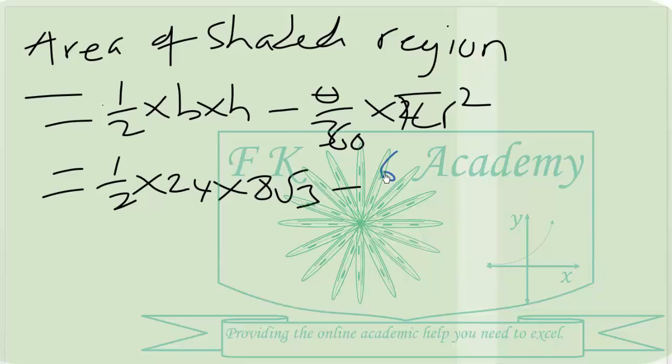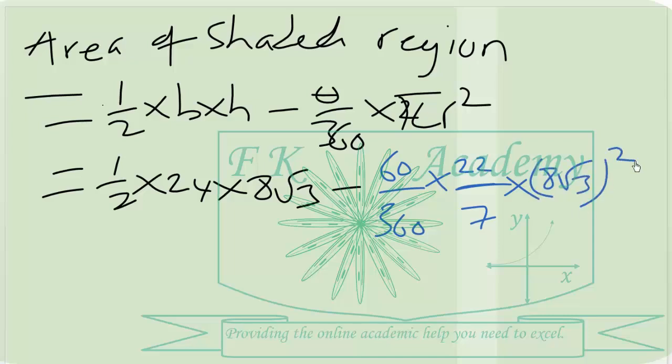So we have 60 over 360 times pi. The pi is 22 over 7 times the radius squared, 8 root 3 all squared.